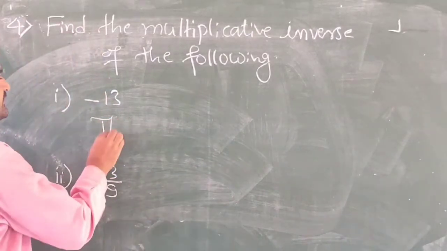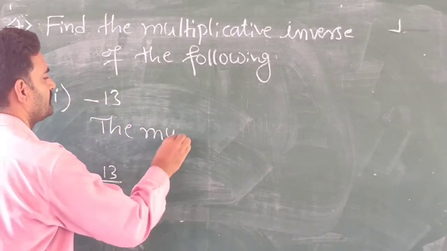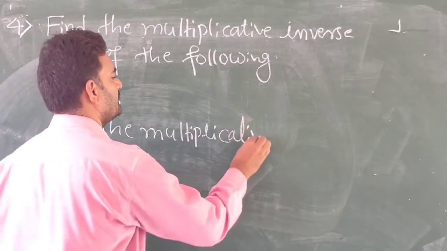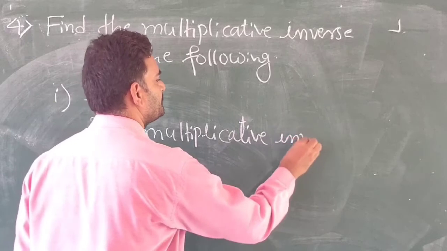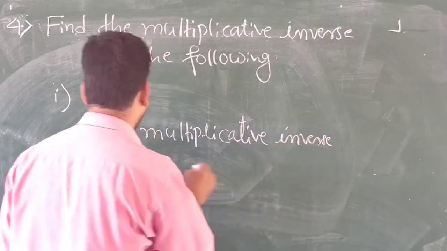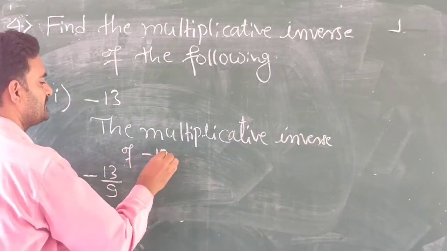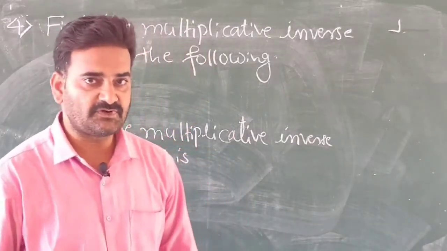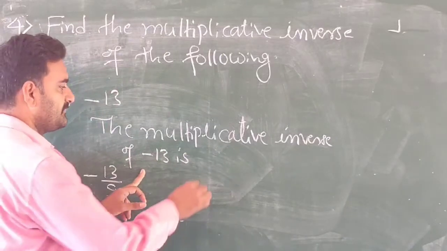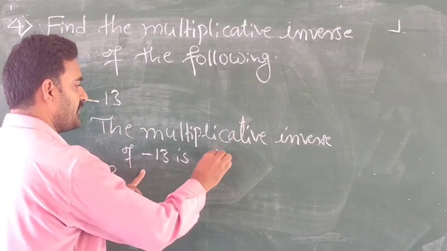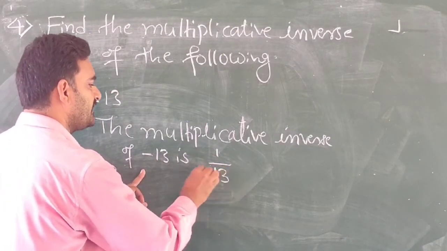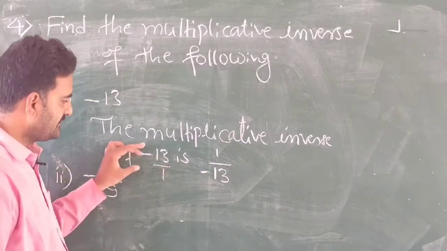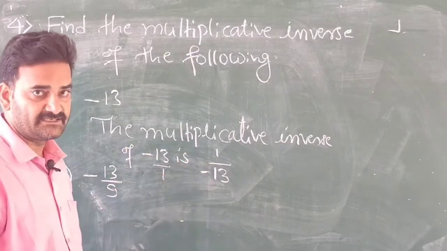The multiplicative inverse of minus 13 is, you have to write the reciprocal of this number, that's all. Minus 13 as it is, but you have to write 1 by minus 13. That means minus 13 by 1 is there. In the reverse order, 1 by minus 13. Reciprocal.